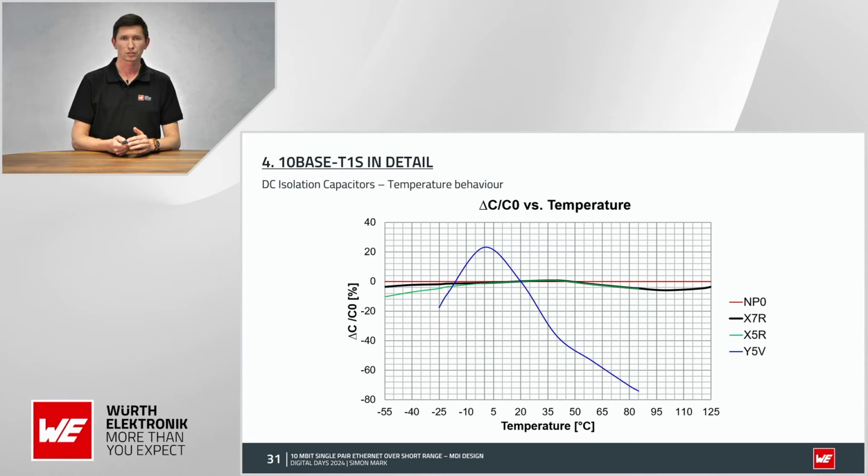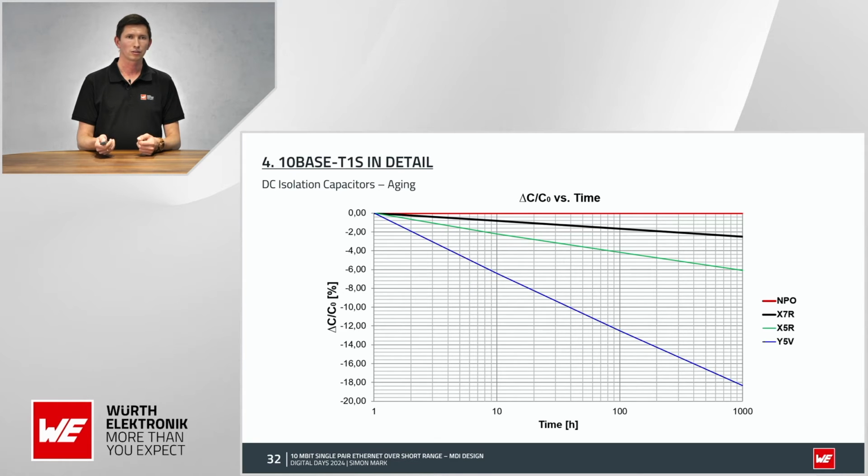Also, the temperature affects the capacitance. At room temperature, you have this 100% or 0% difference. In colder areas, you lose a little bit. If it is higher, you lose again a little bit of capacitance. And also the aging.